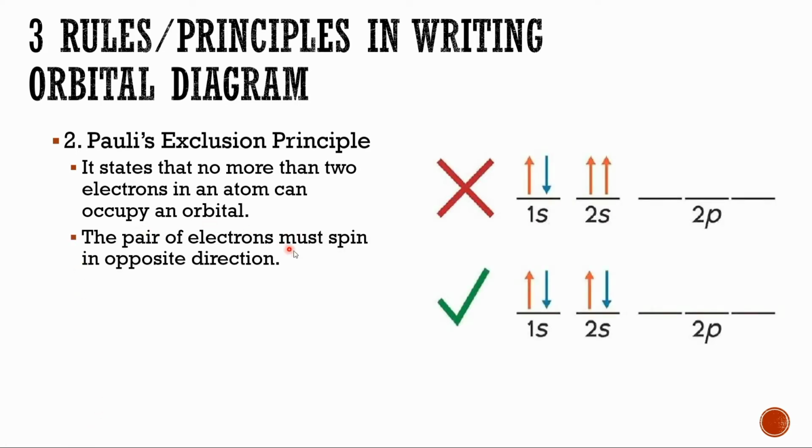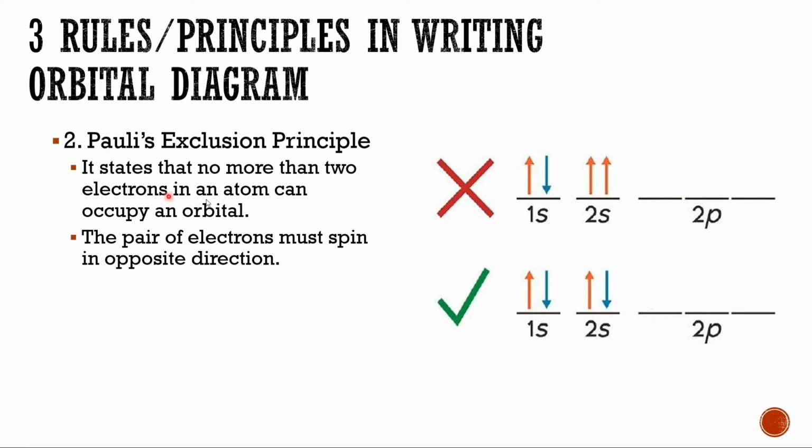So the pair of electrons must spin in opposite direction. Ito po ang example ng isang orbital. At ayon po sa Pauli's exclusion principle, kailangan lang natin ng 2 electrons. Ito, 2 electrons. Hindi natin kailangan ng 3. No more than 2.